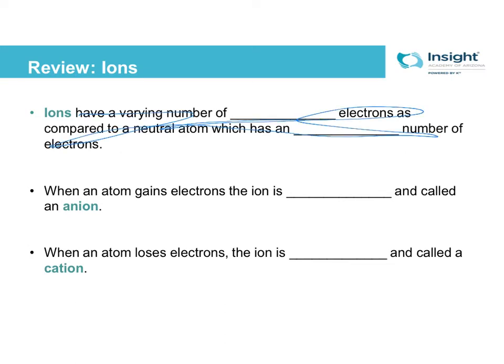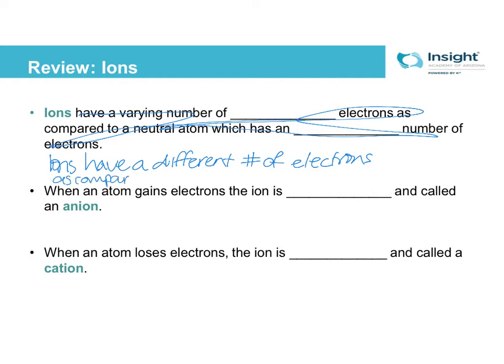So ions have a different number of electrons, as compared to a neutral atom, which has equal electrons and protons.